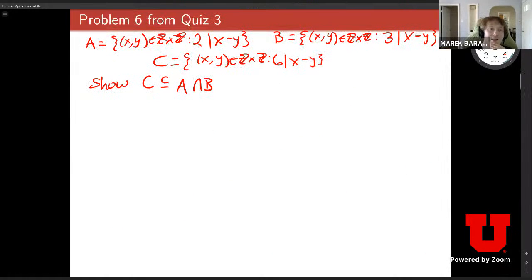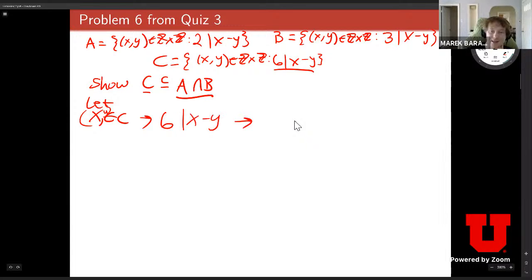Moving along. So this one we're showing C is a subset of A intersect B. We have the pair X comma Y in C, and we apply the definition. So 6 divides X minus Y, and that means X minus Y equals 6L for some L in the integers.